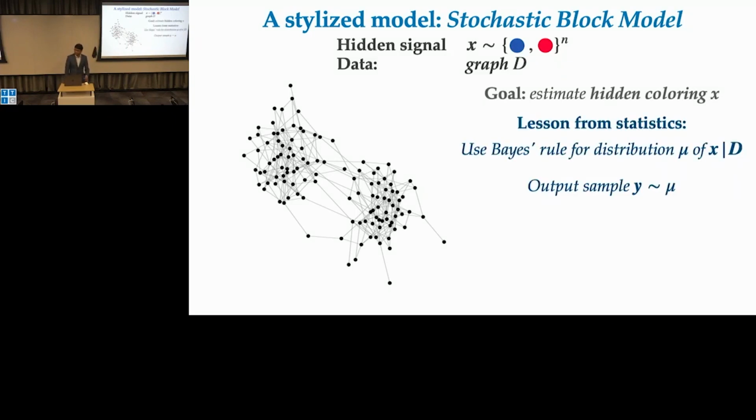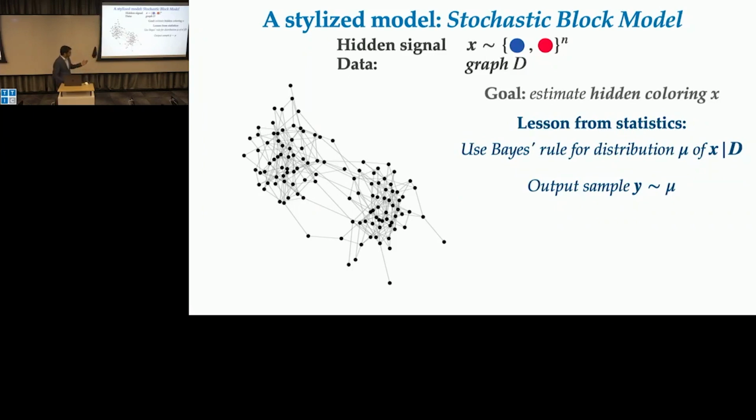Okay, so now since you know exactly how this graph was drawn, and also exactly how the signal was drawn, to figure out the hidden coloring, a lesson from statistics is to use Bayes' rule. So if you simply use Bayes' rule, it tells you exactly what this posterior distribution of the hidden coloring given the graph is.